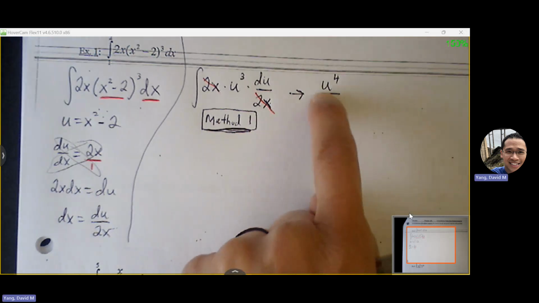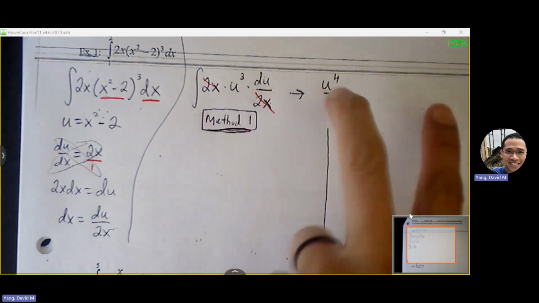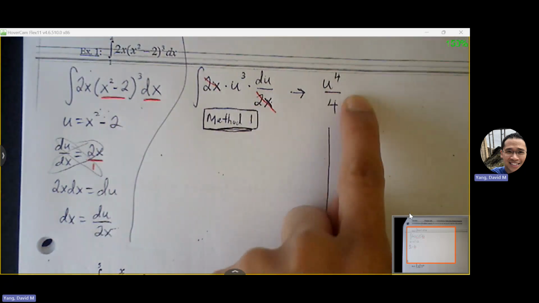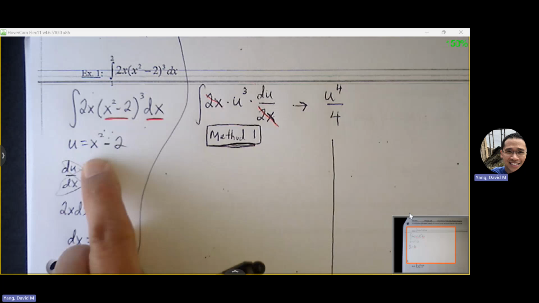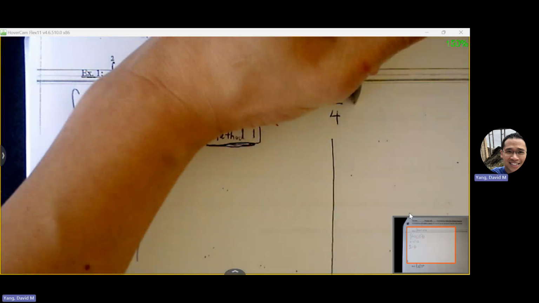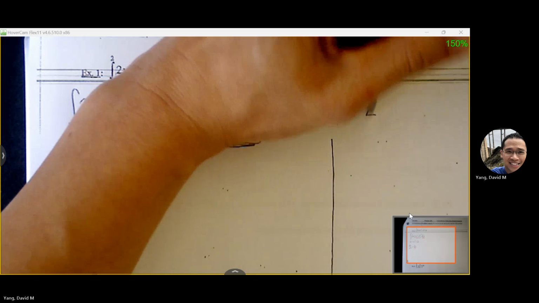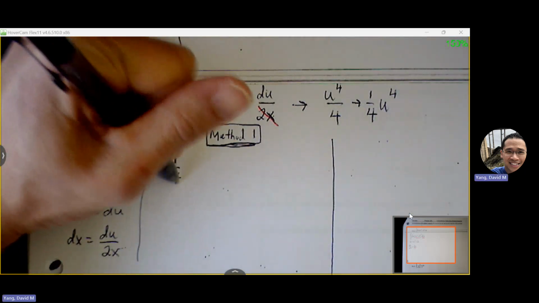So the first method is we want to bring back the x, right? The way that we would do this problem without the bounds, we would still bring back the x and do a plus c. So the u gets replaced with x. I'm going to pull the 1/4 out. So replace the u back in terms of x.